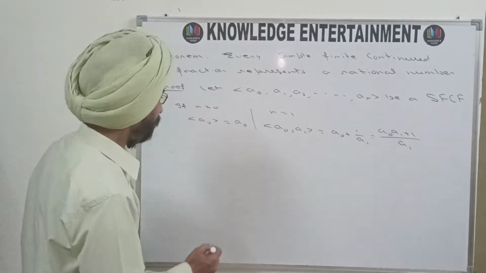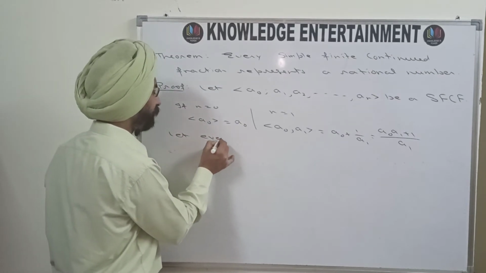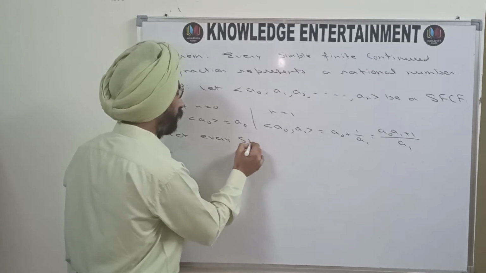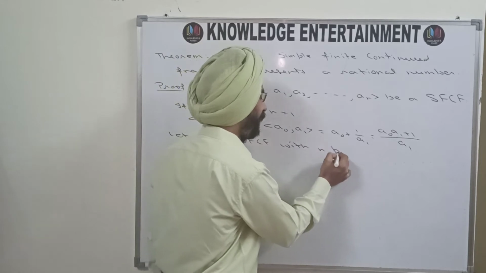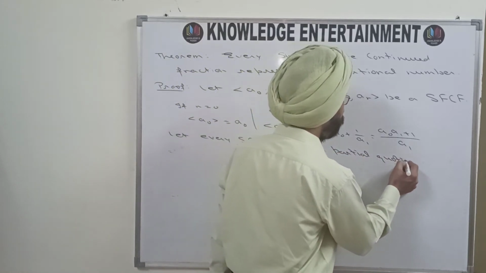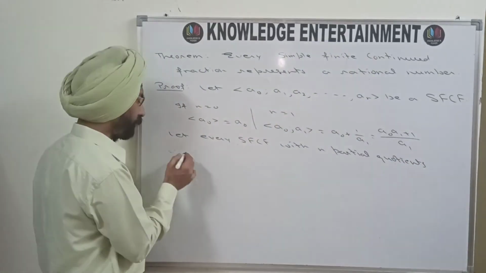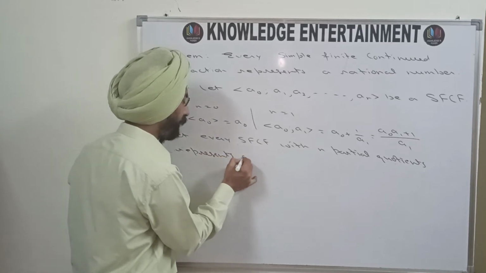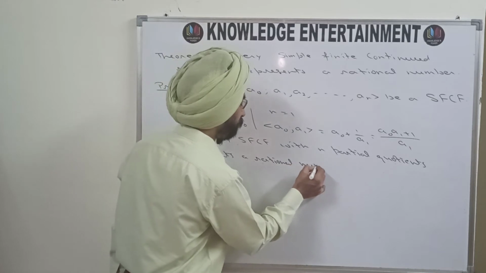And now let every simple finite continued fraction with n partial quotients, or maybe less than n partial quotients, represent a rational number.